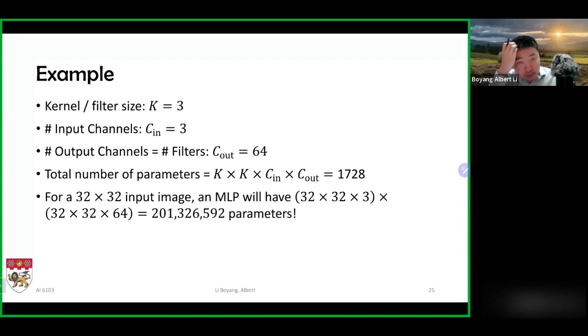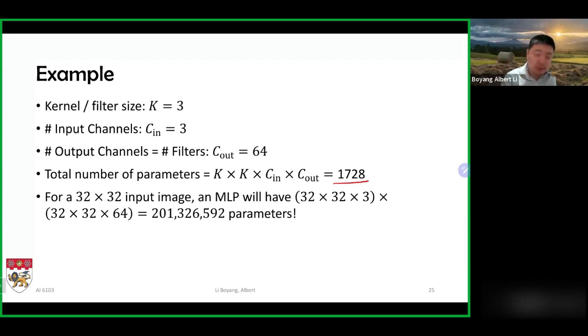Assuming a 3x3 kernel size, which is probably the most common kernel size these days, and assuming the number of input channels to be 3 and the number of output channels to be 64, which is a very common number, we can apply this equation and plug in the values, and that tells us the total number of parameters is 1,728.